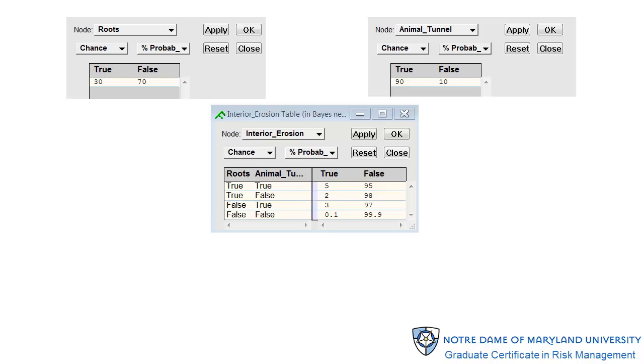What's the probability that there is interior erosion? Well, you can see here that there is a 5% chance that there is interior erosion when there are roots and animal tunnels present. There's a 95% chance that there is no internal erosion.